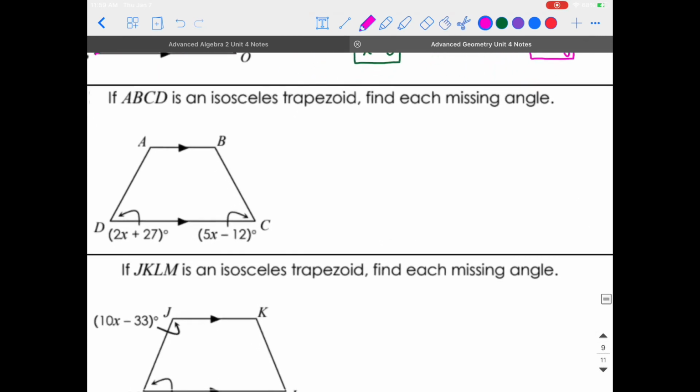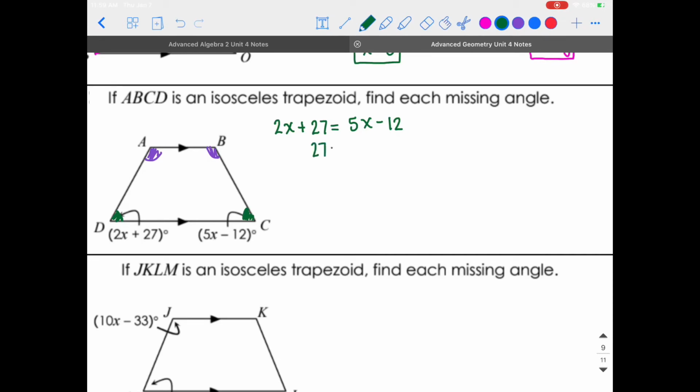All right. Next up, we have an isosceles trapezoid. Got to remember those angles, which ones are congruent. C and D are congruent. A and B are congruent. So I can set 2x plus 27 equal to 5x minus 12 because I know that those two angles are equal.